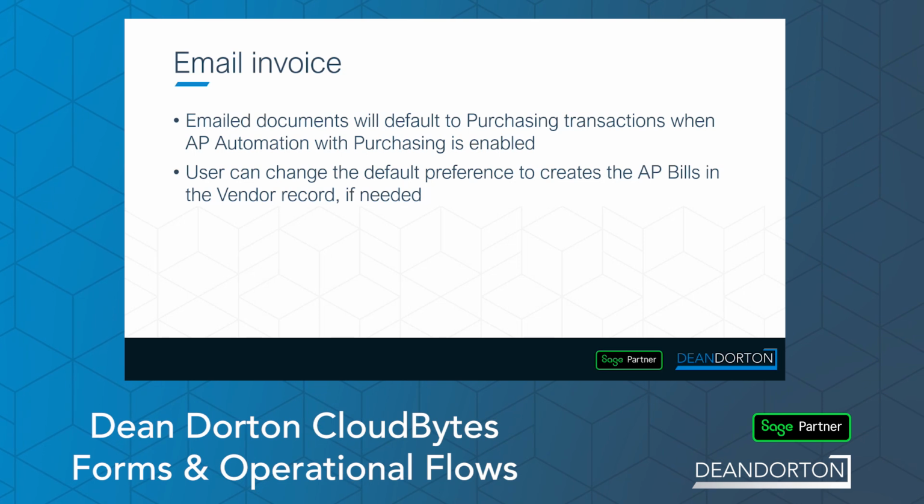This is now pulling this out into having AP automation, machine learning, scanning, recognition of these invoices, and a much more automated AP process all across the board within the organization. You're being able to work with your suppliers and other vendors where you would normally do POs for, and this works within that process.